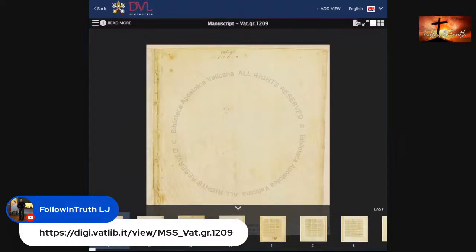So I need to scroll in there, but I don't think that's showing. Why is that not working? Why is the scrolling not working on the page?